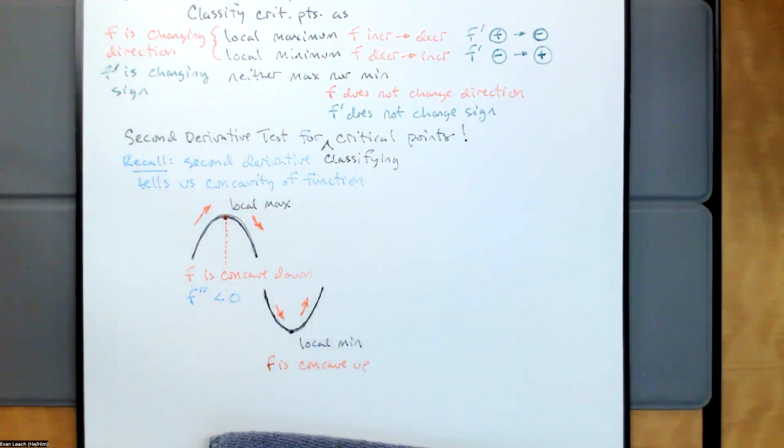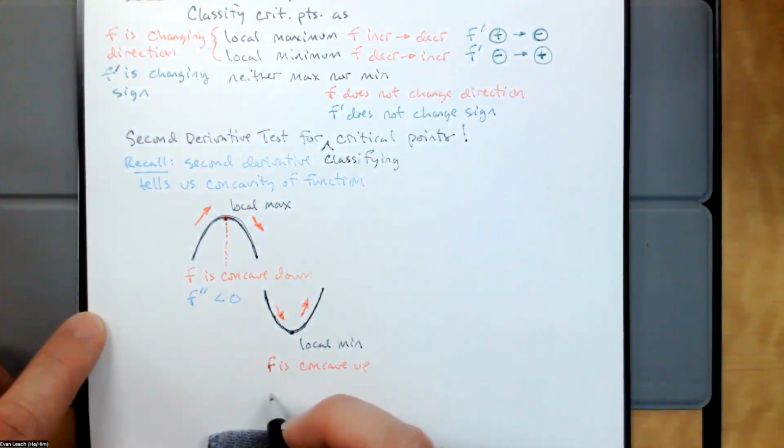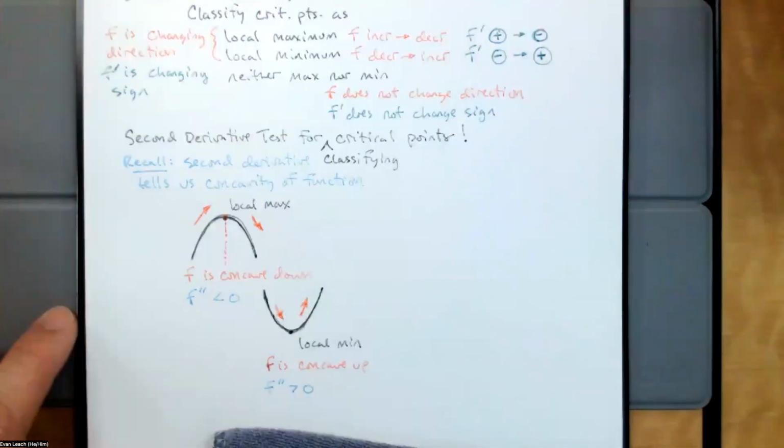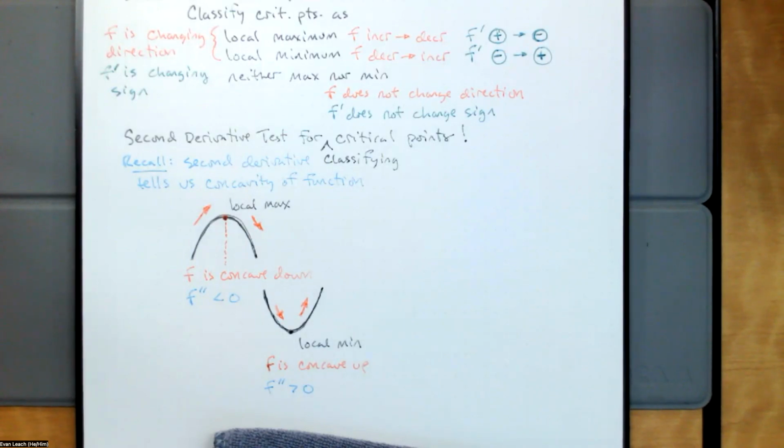So at that point, where the function is concave up, the second derivative will be positive. Any questions?